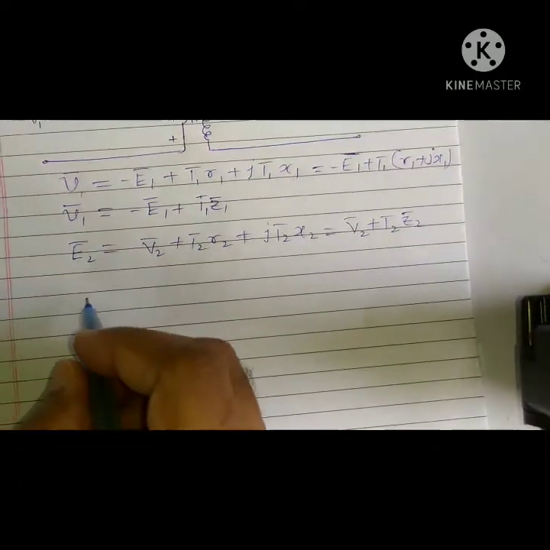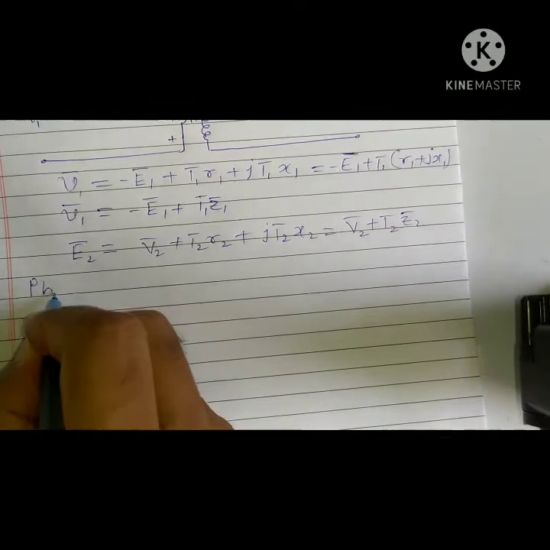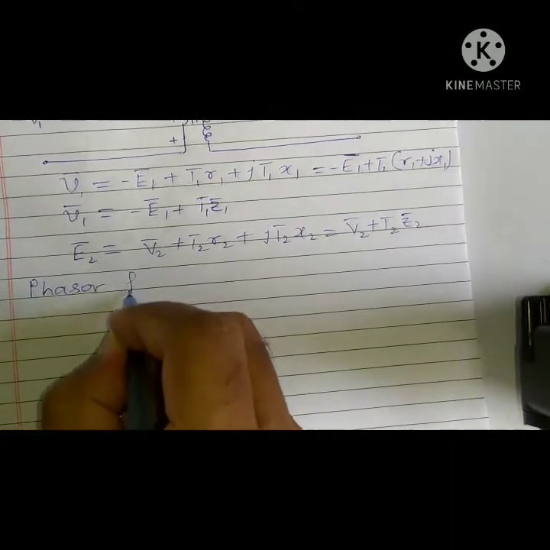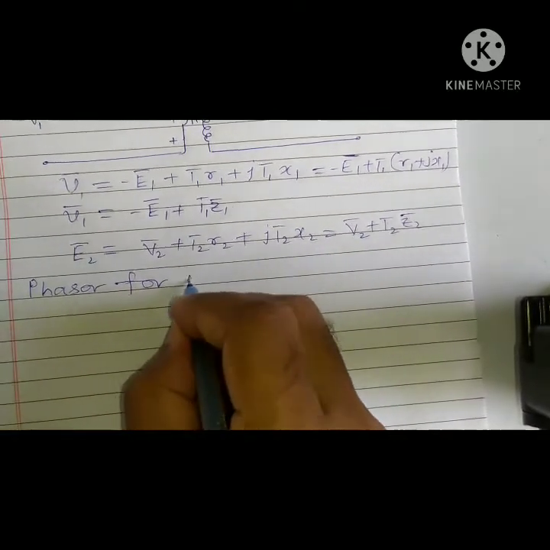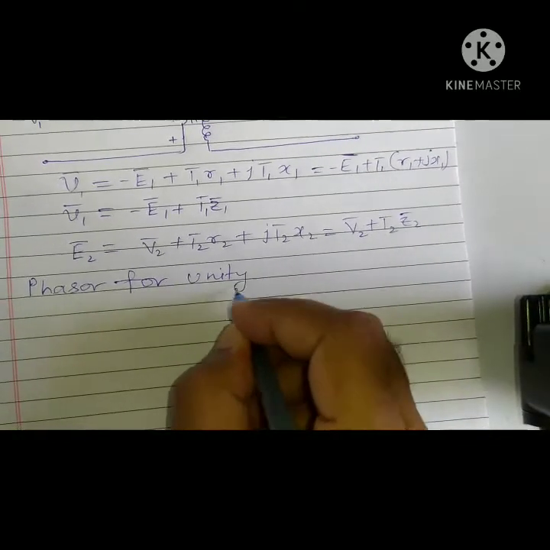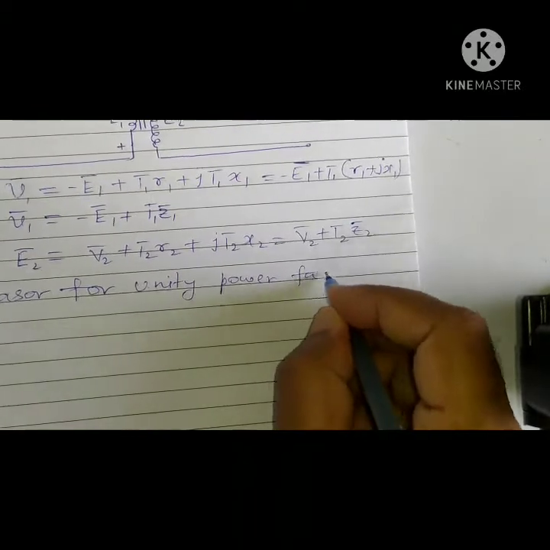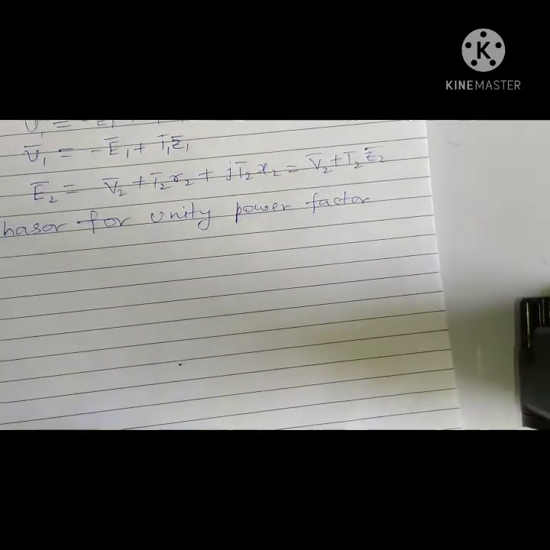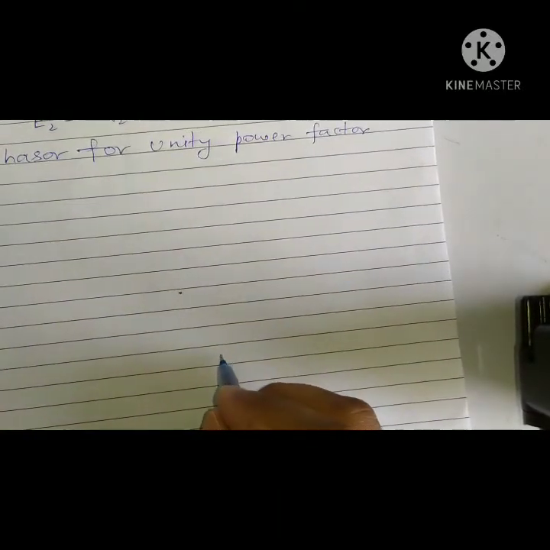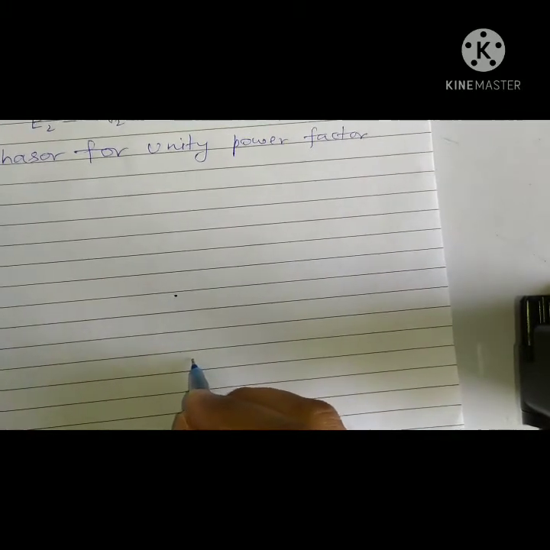Let us draw the phasor for unity power factor. Okay, so let me take the reference as phi, or the magnetizing current.